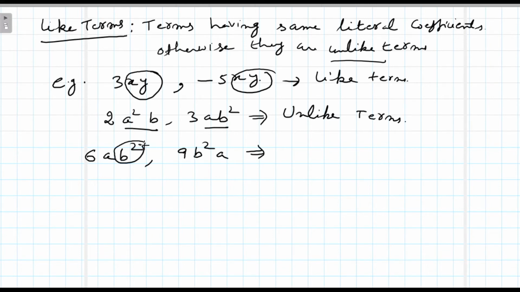Here b square, here also b square, here only a, here a. So they are like terms. They have the same literal coefficient, therefore they are like terms. Right.